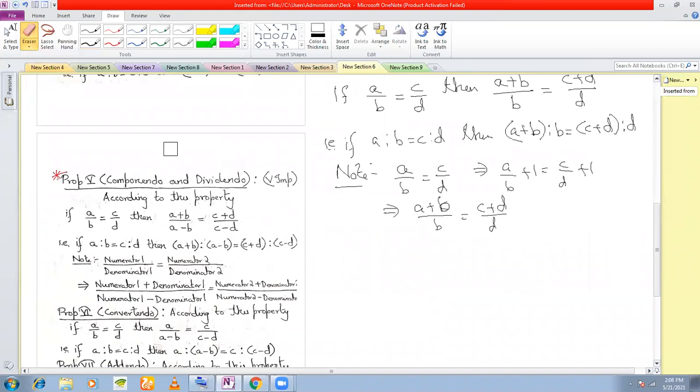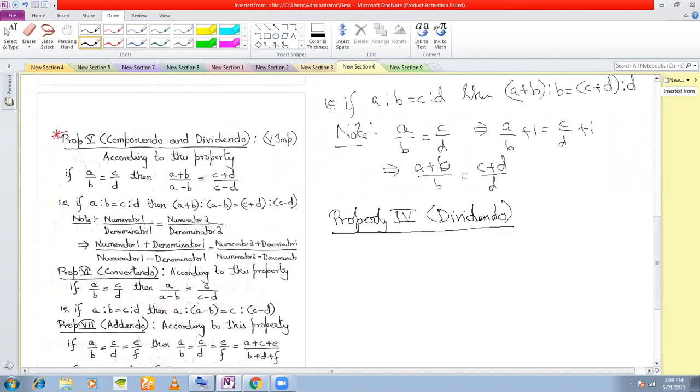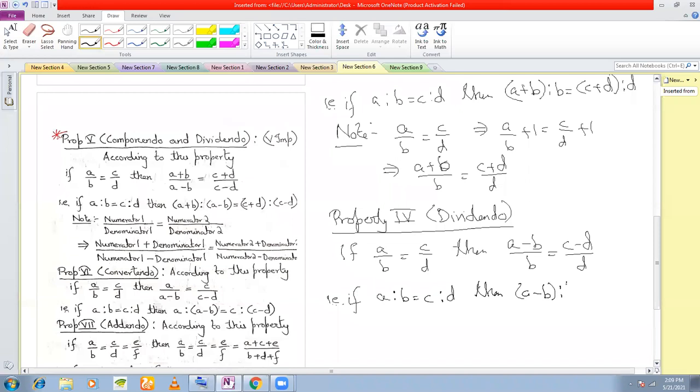This is property number 4. Okay. So if you have a given proportion, if A by B is equal to C by D, then A minus B is to B must be equal to C minus D is to D. Okay, that is, if A is to B is equal to C is to D, then A minus B is to B must be equal to C minus D is to D. Okay.